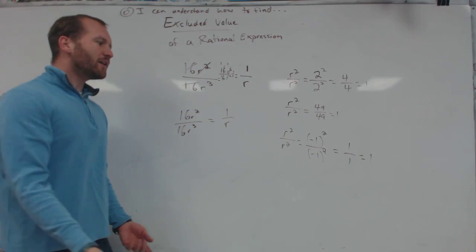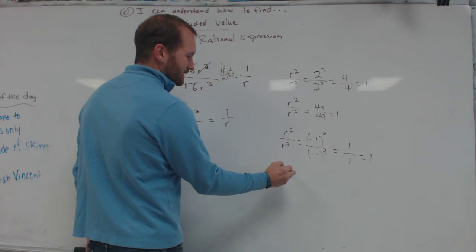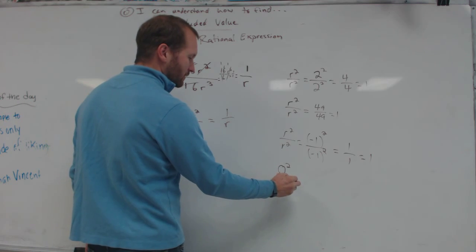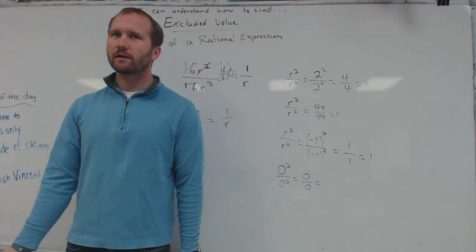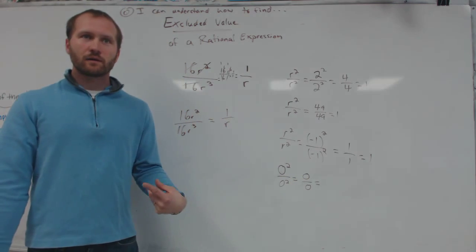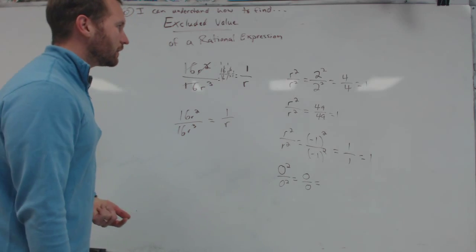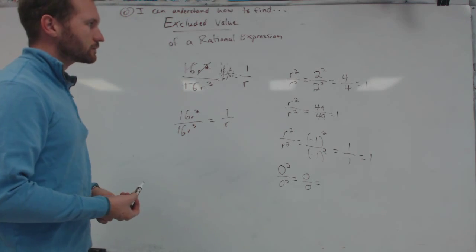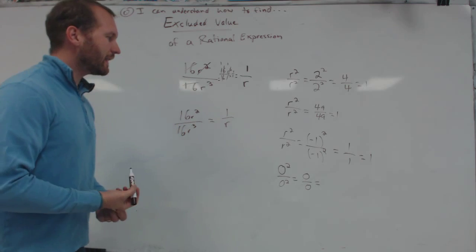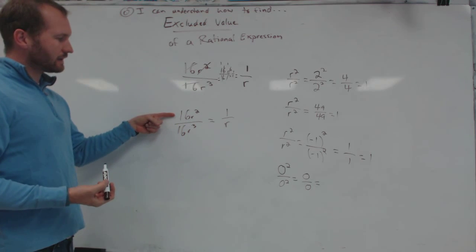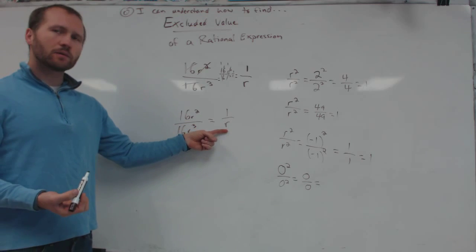What if it's 0 though? You can't divide. 0 squared over 0 squared, 0 over 0, is 0 over 0 1? No. It is not. And so in that case, this would not be equal to this.